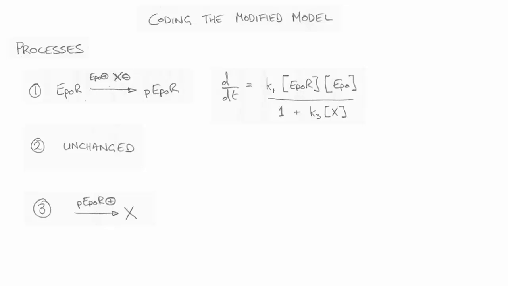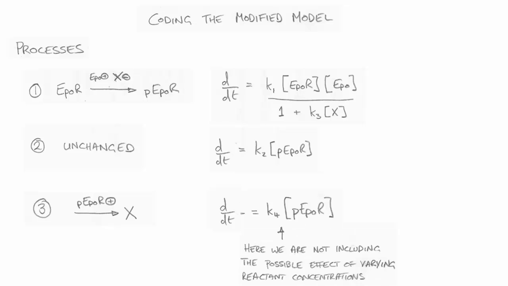Modifying our rate equation to add in the inhibition by X, we get this form. Our second process stays the same, and our third process, that shouldn't be a minus sign in there, that's just something that needs rubbing out. So our rate should be equal to a constant times the amount of phosphorylated EPO receptor present.